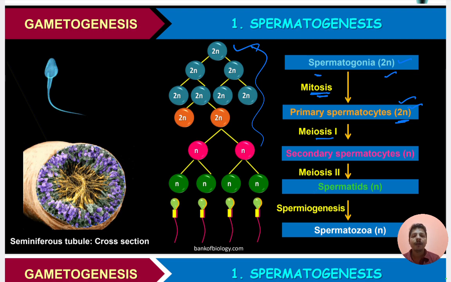Then meiosis 1 occurs, giving the secondary spermatocyte, which is haploid. Meiosis 2 occurs, giving the spermatid, which is also haploid. Then spermiogenesis occurs, and then the formation of spermatozoa. The diagrams are also labeled here.